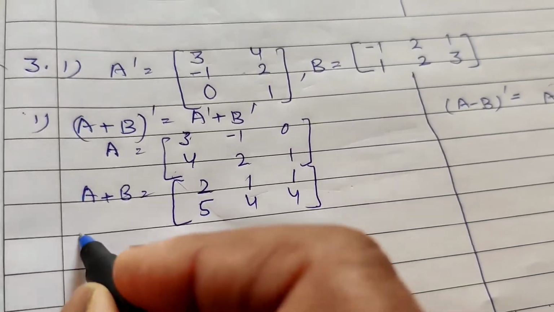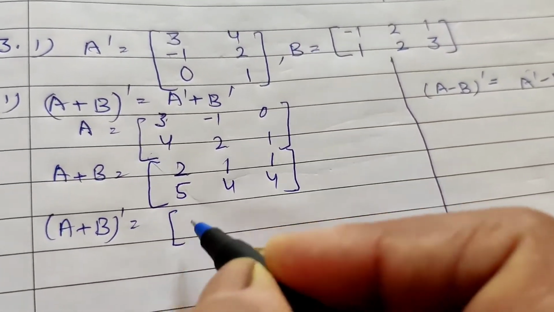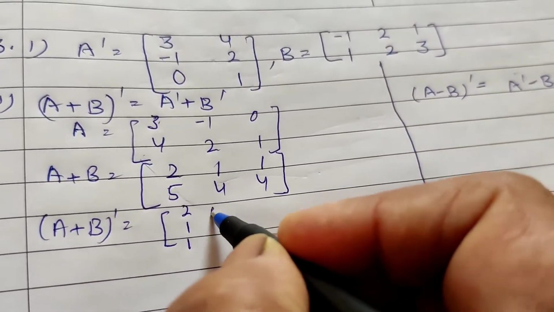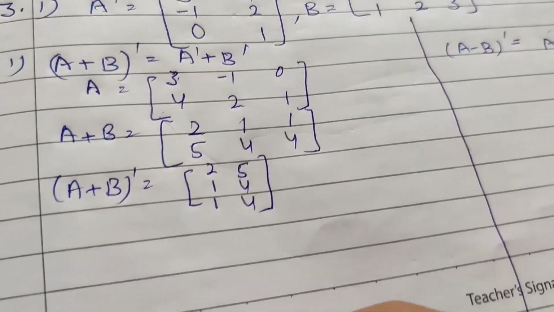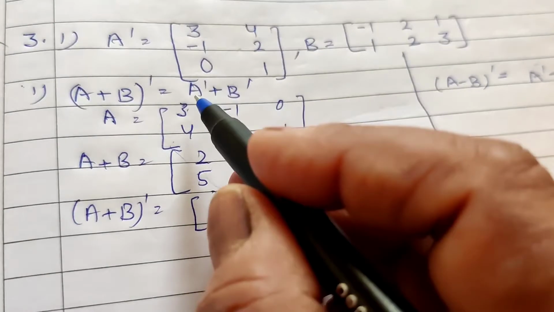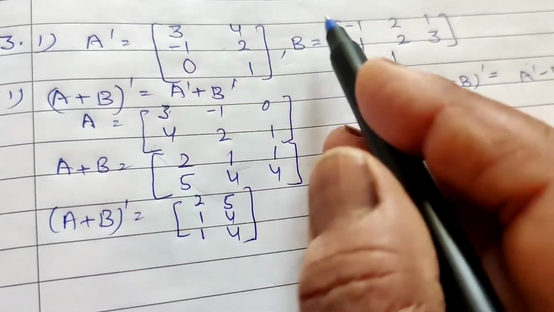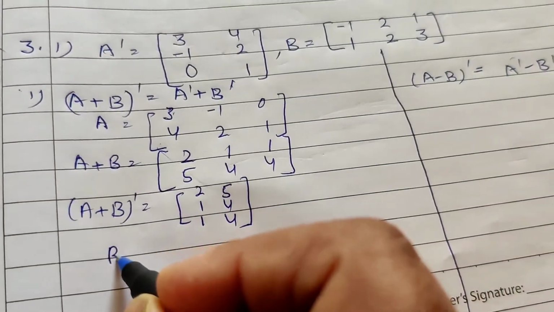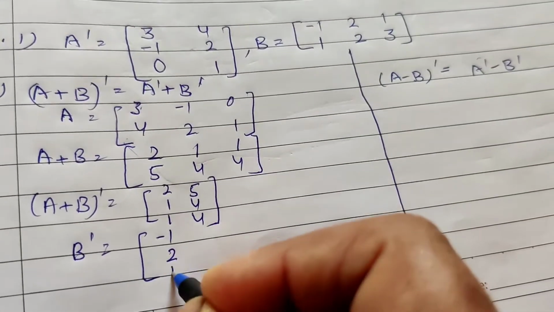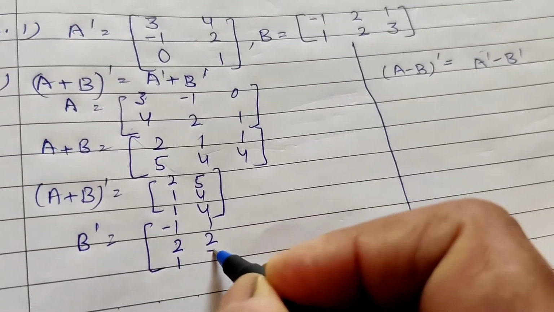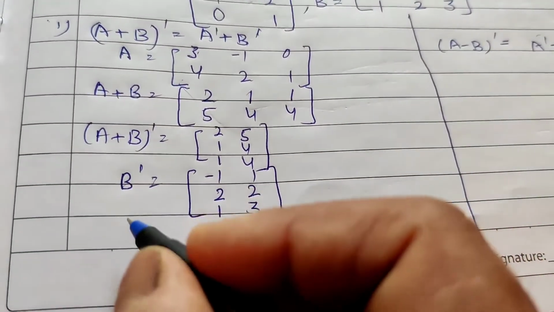Now the transpose of A plus B, 2, 1, 1, 5, 4, 4. This is the transpose of A plus B. Now add A transpose plus transpose of B. So this is the transpose of A. Find transpose of B: minus 1, 2, 1 and 1, 2, 3. Now addition.